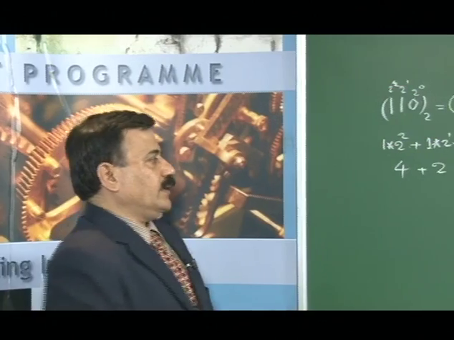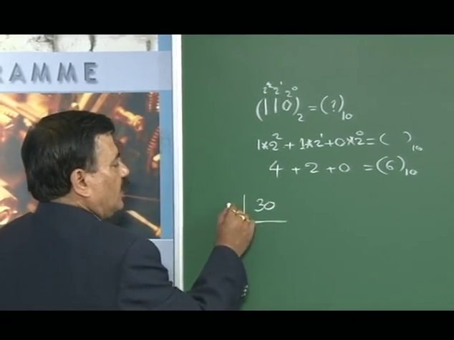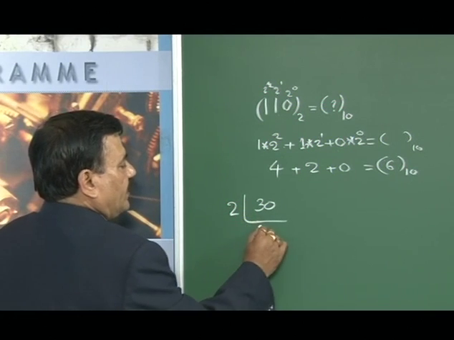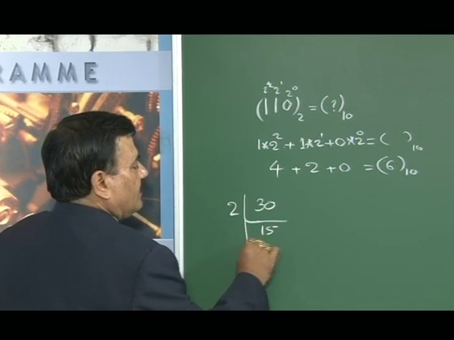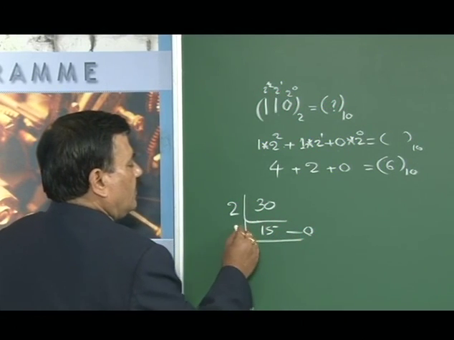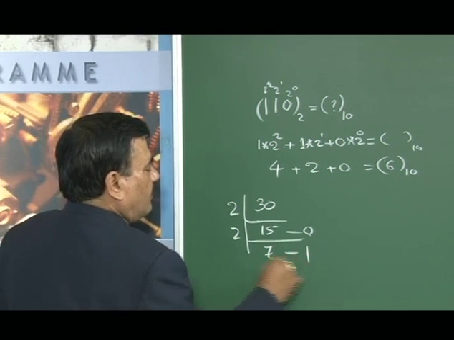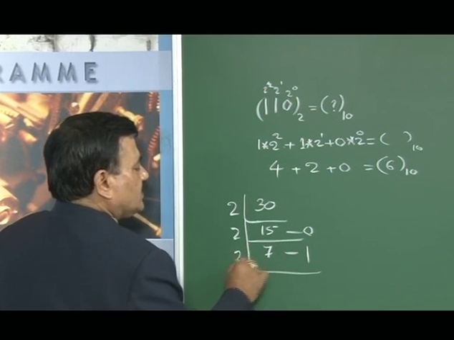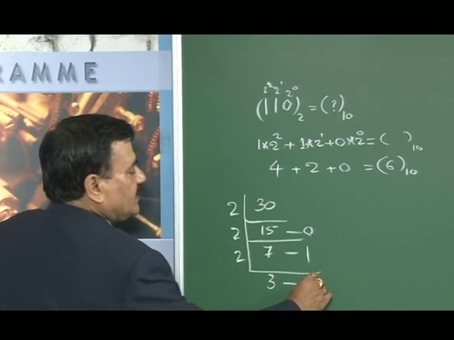For example, consider the number 30 given in decimal. If you want to convert it into binary, we simply divide. 30 divided by 2 is 15 and the remainder is 0, and once again we divide 15 by 2 to get 7 and the remainder is 1, and once again we get 3 and the remainder is 1.